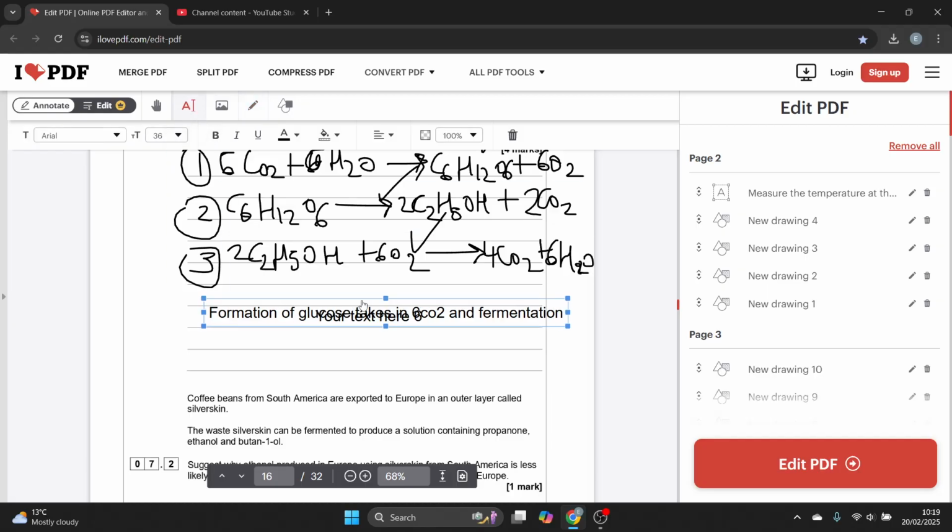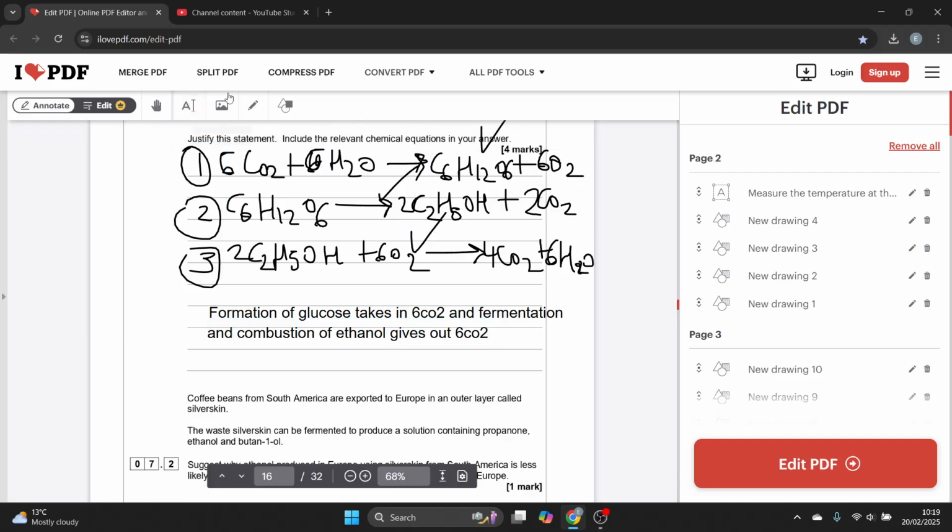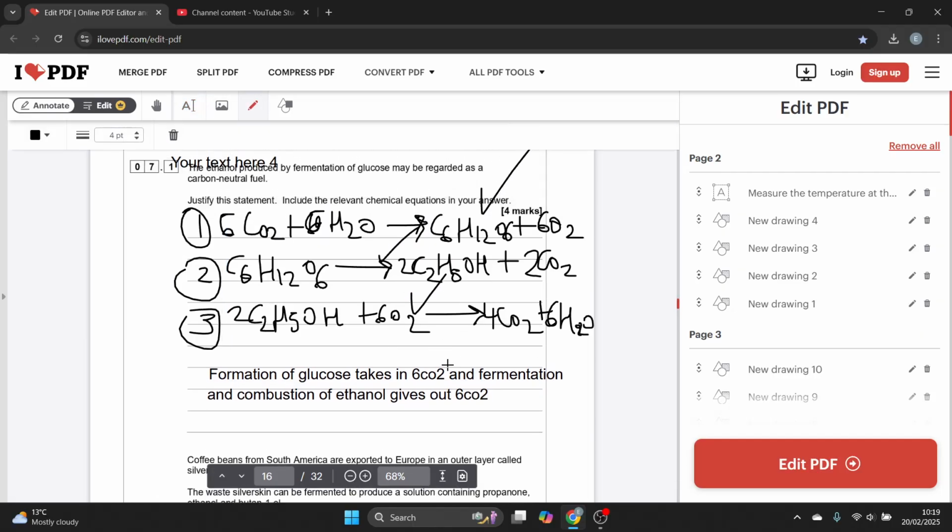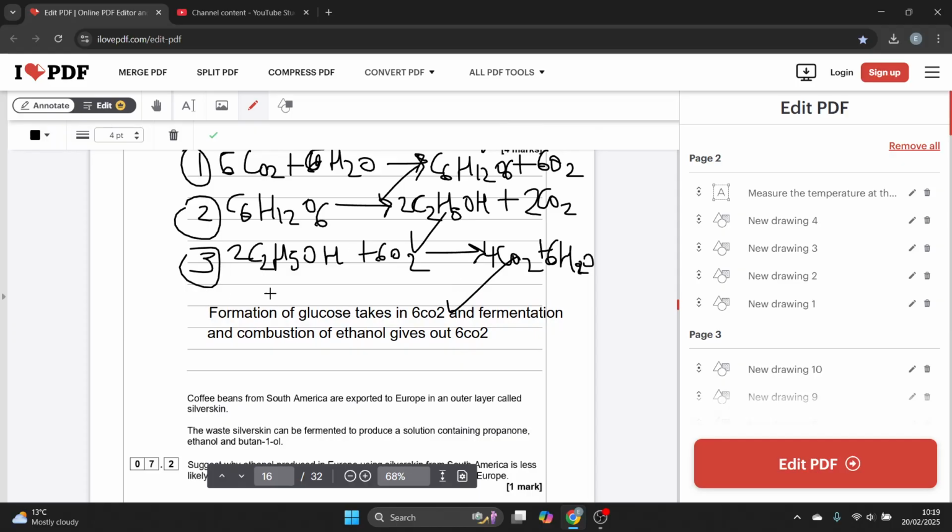So the fermentation and combustion of, in this case, ethanol gives out 6CO2.